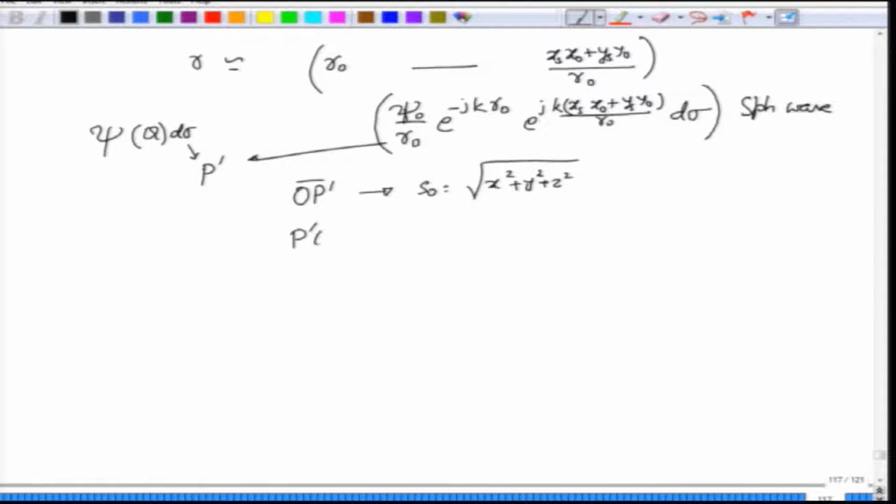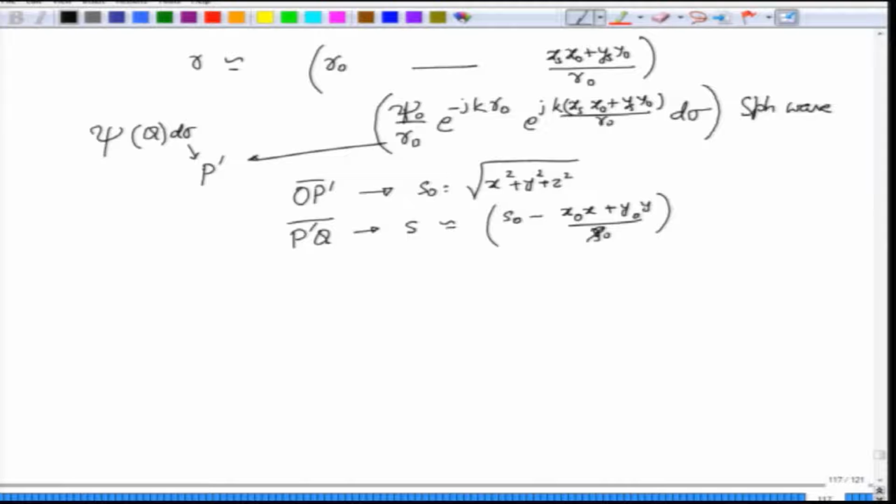Utilizing this S0, you can show that the distance between Q and P prime, which we have denoted as S, can be approximated as S0 minus (x0 x plus y0 y) divided by S0.